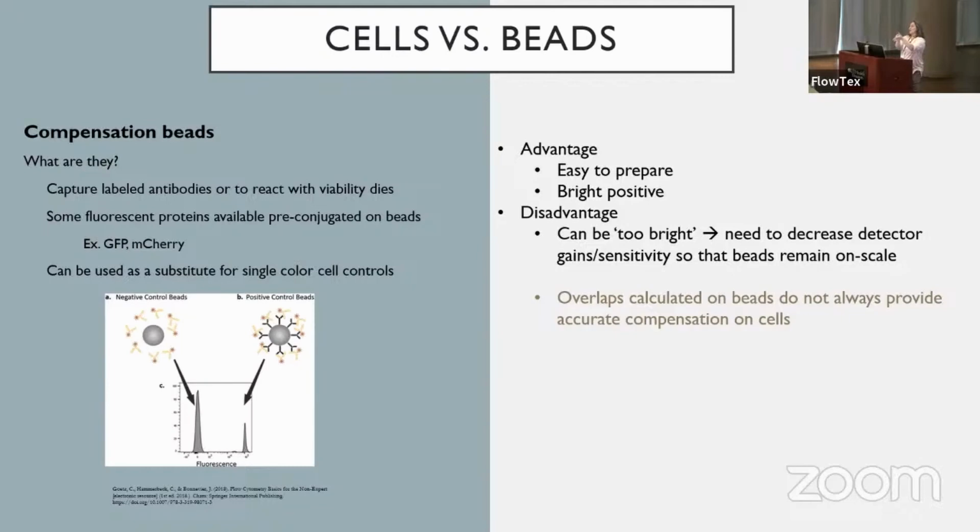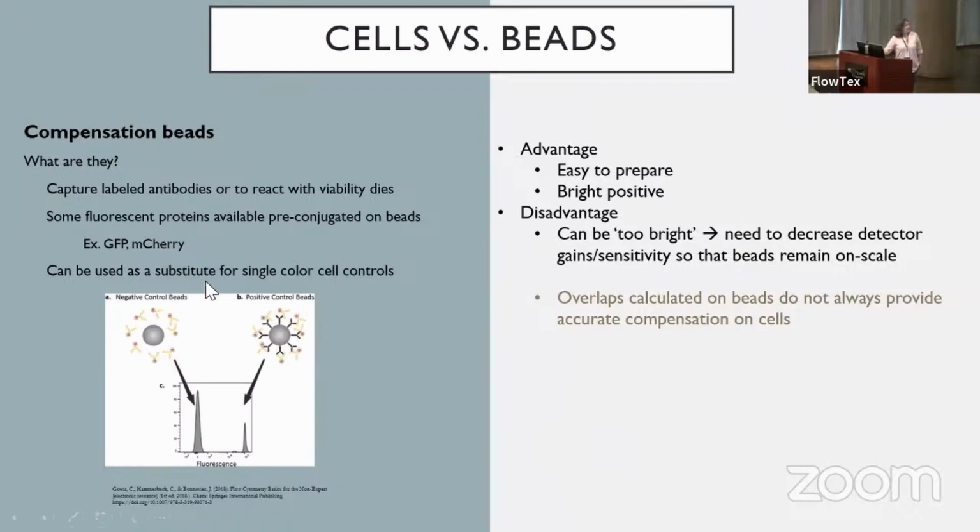They're going to capture your antibodies, and now that bead is also going to be positive for whatever antibody fluorochrome you put in there. So I can have PE positive beads, I can have FITC positive beads, simply by coating these beads with the antibody where they get captured. They typically have, either in a separate tube or the same tube, the background control: beads that won't capture those antibodies and therefore would be the negative control.